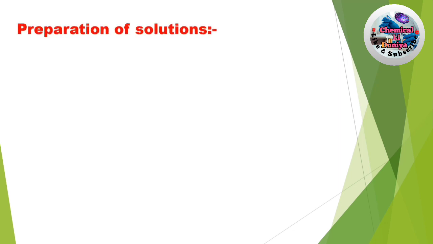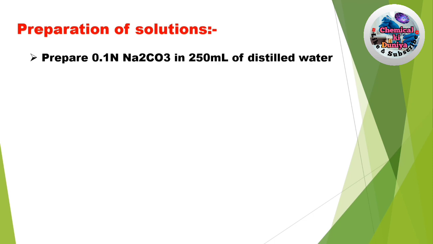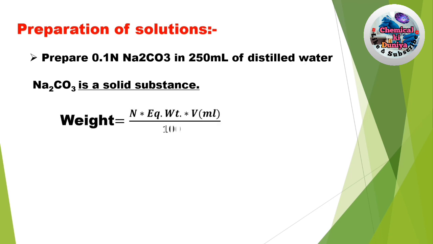Next, preparation of solution. Prepare 0.1 normal sodium carbonate in 250 ml of distilled water. Sodium carbonate is a solid substance. How many grams of sodium carbonate will be required to make 250 ml of solution?